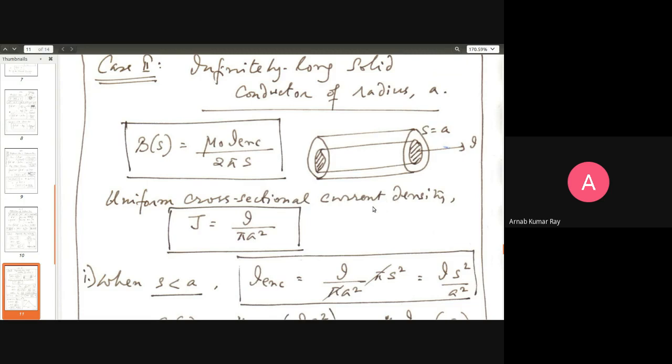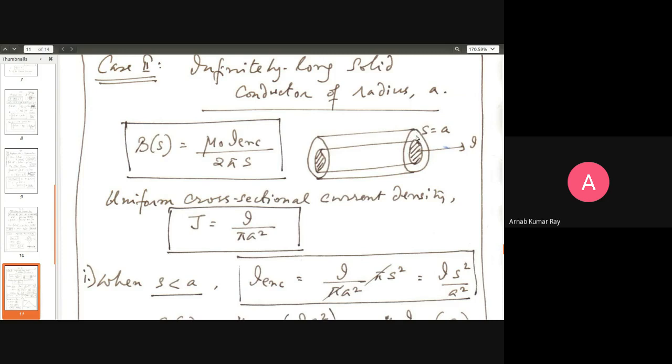Since it's a steady current, you basically assume uniform cross-sectional current density. What do I mean by that? Take any small area on this cross section, anywhere across the circular face.